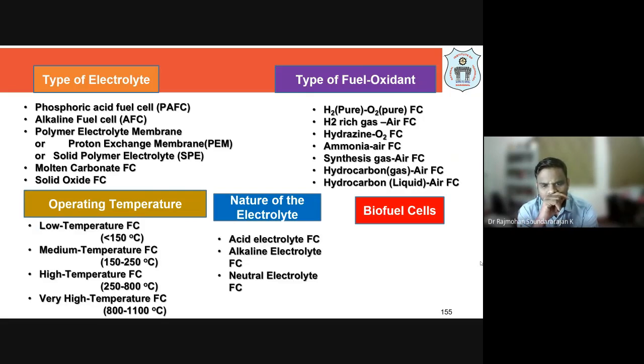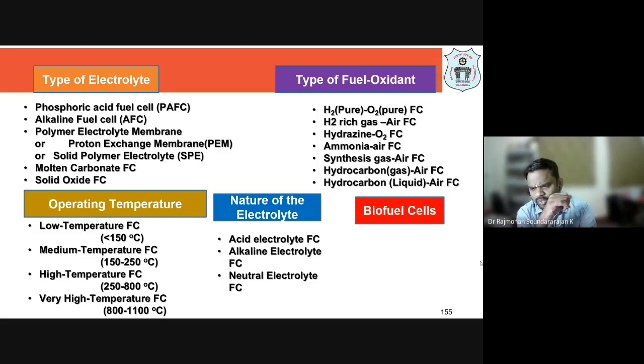So based on the pH of the electrolyte, we can call them acid electrolyte fuel cells, alkaline electrolyte fuel cells, or neutral electrolyte fuel cells, okay.